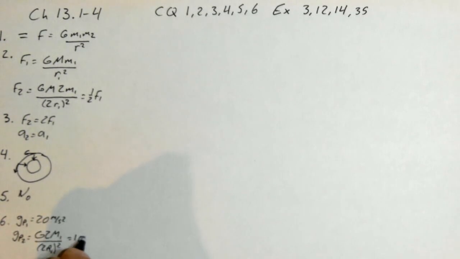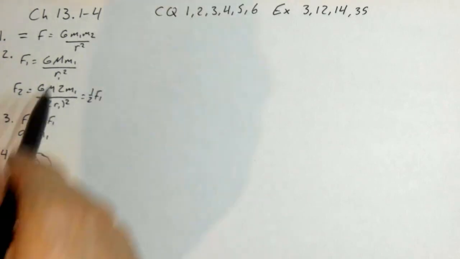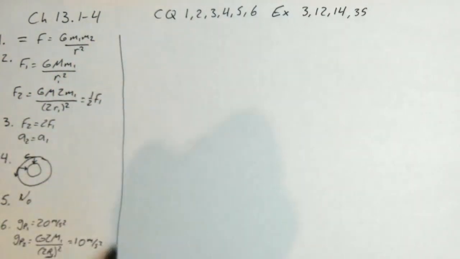So that's going to be 10 meters per second squared, because it's half of what this one would be. Remember, little g is defined as the big G, the universal constant, times the mass of the object divided by the radius of the object squared. And here we're referencing the surface of the planet, where we plug in the radius of the planet. Okay, very good. Now let's move on to some exercises.